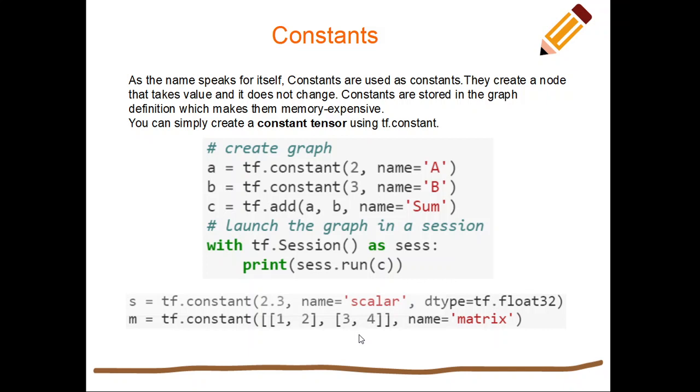So we can also create a matrix out of a list of values. There are two lists here, one list is 1 comma 2, another list is 3 comma 4, and actually we are creating a list of lists, and we are creating a TF constant out of it, and what we are going to get out of this is a matrix. Okay, and we will discuss a couple of attributes of this particular matrix as we go further.